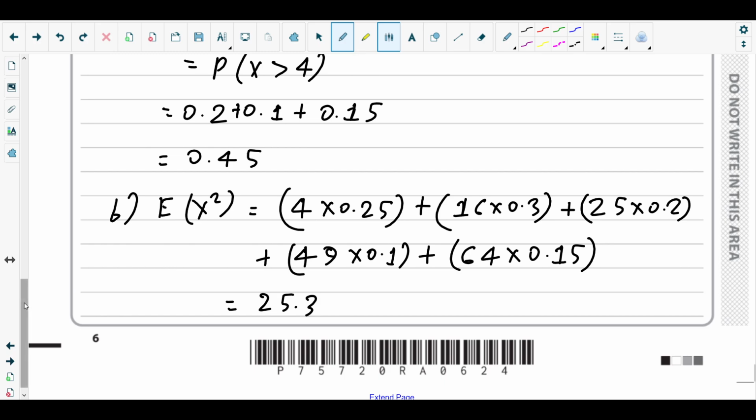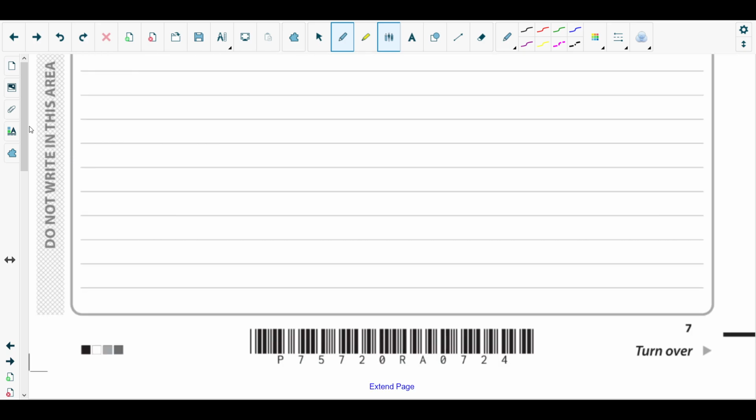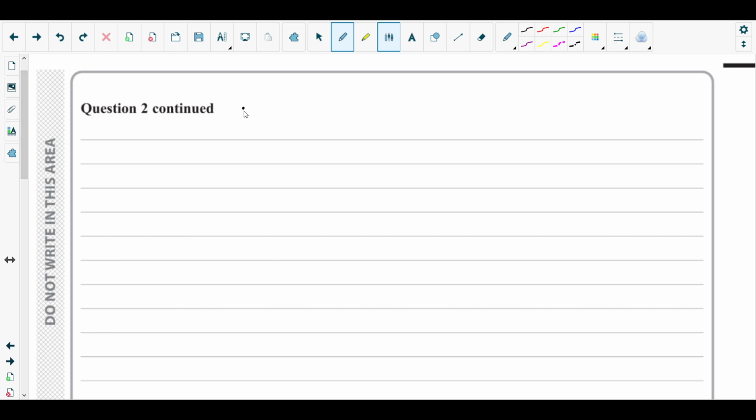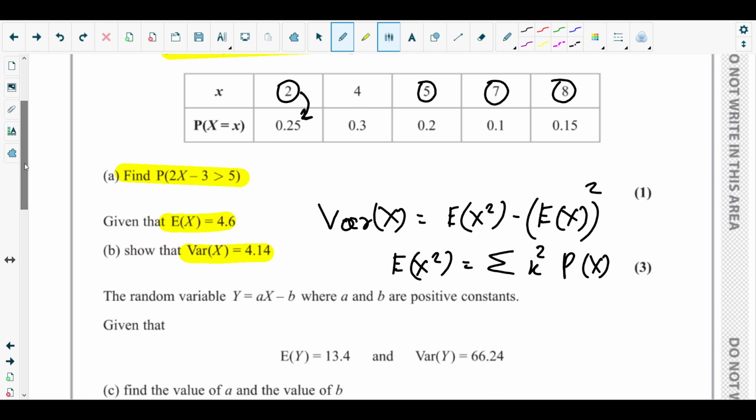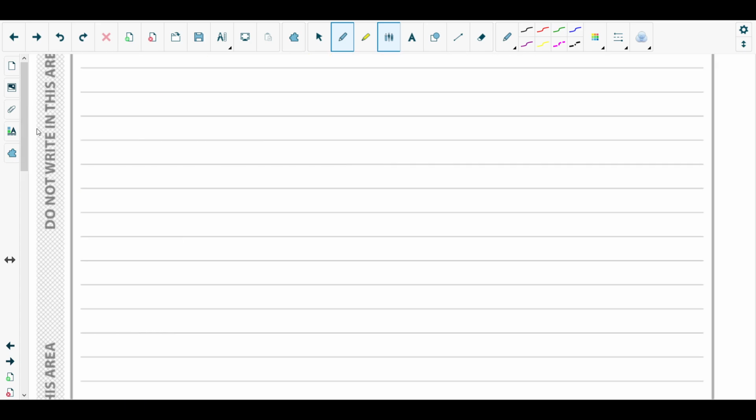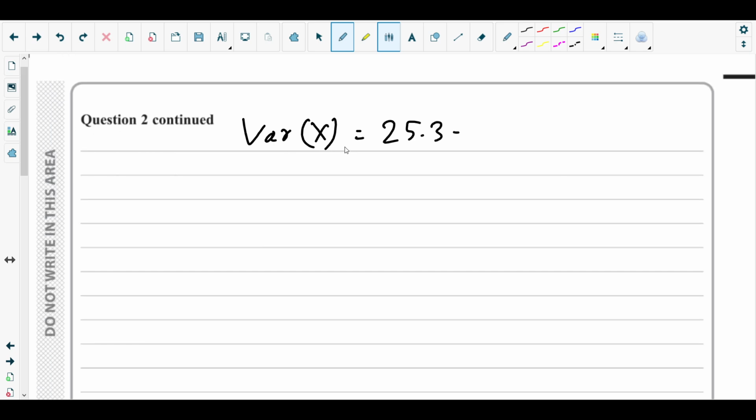Now it's time to find the variance of x. The variance of x is the expectation of x squared, that is 25.3, minus the expectation of x, whole squared. The expectation of x is given as 4.6, so that would be 4.6 whole squared.